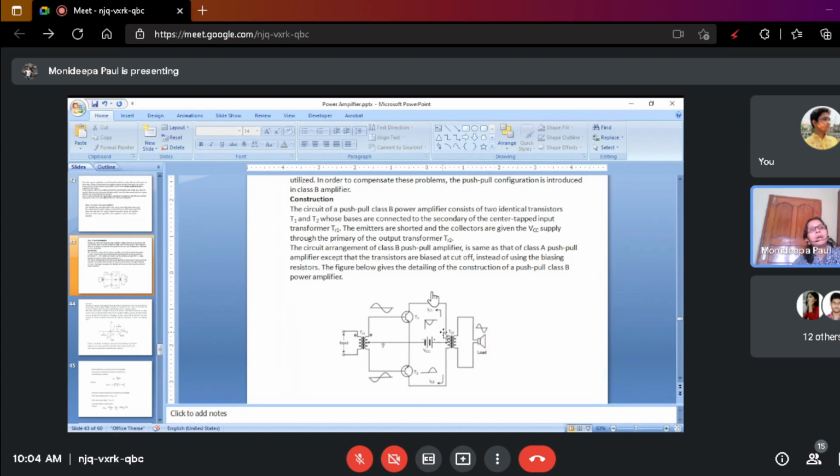So during the positive half cycle, we get the voltage across the secondary winding of this transformer. During the negative half cycle of the input signal, the voltage across the secondary side is the same, because the number of turns of the secondary winding is the same in both cases. That means this transformer joins the two output signals of the two transistors.